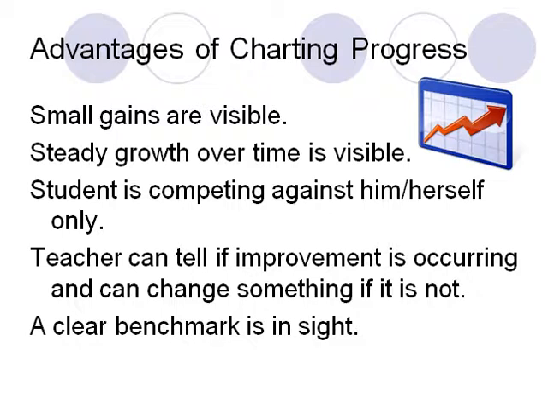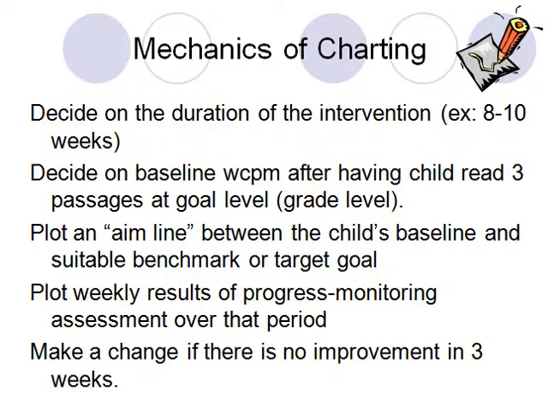Then, after several rereadings of the second text, the initial reading of the third text outperforms the initial reading of the second text, and so on. This demonstrates an improved fluency carryover to new texts. Here are some suggestions for charting and plotting goals for a child's reading fluency.